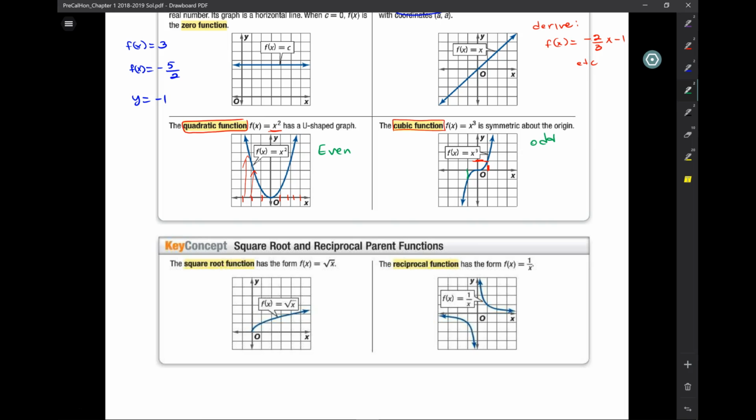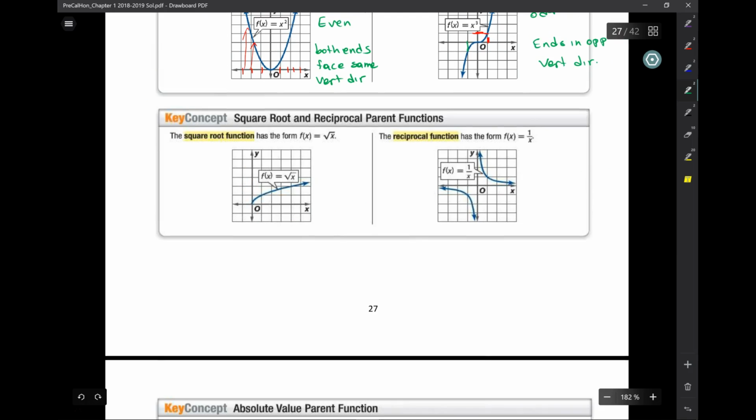For the x squared, it faces the same direction on both ends, okay? So both ends face the same vertical direction, and for the cube, the ends go in opposite vertical directions.